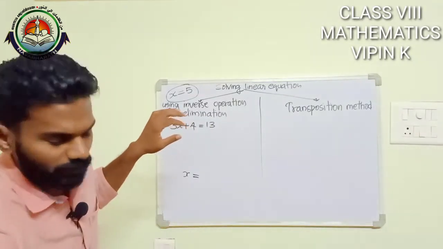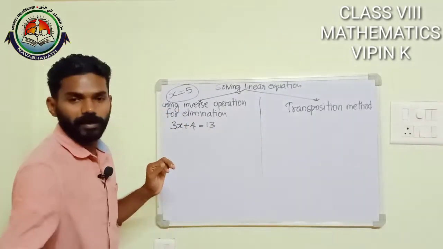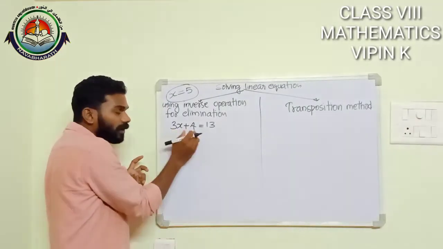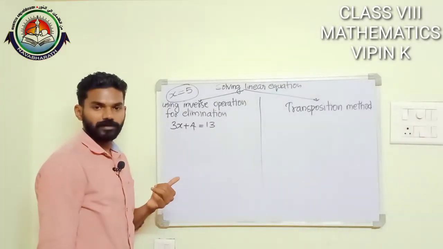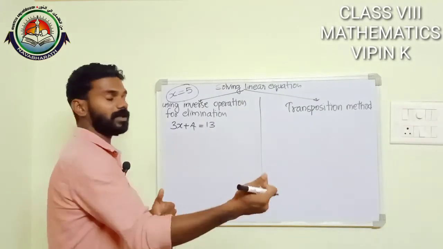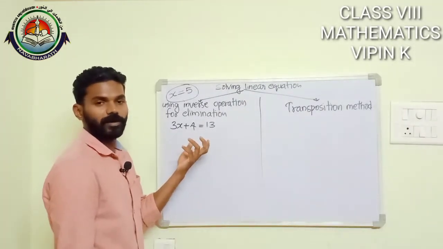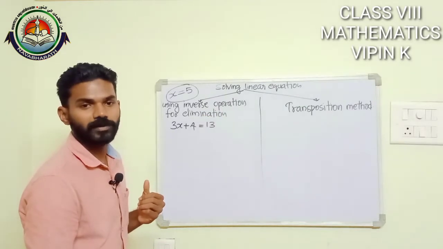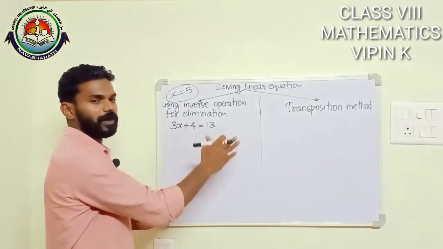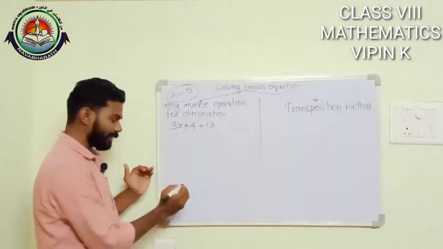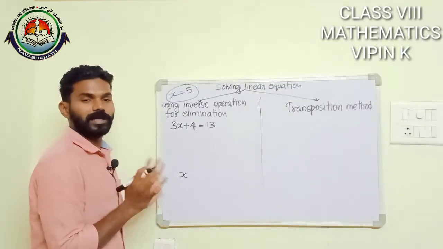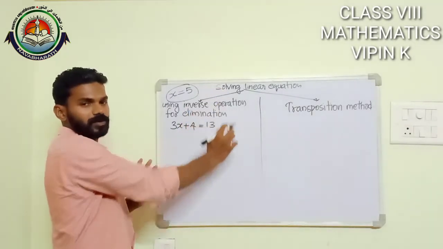And in our first method, you can see that there are different operations here. There would be additions, subtractions, or different kinds of operations in our given linear equation. We need to cancel every one of them, and finally isolate the letter x only. Then only can we find the solution.